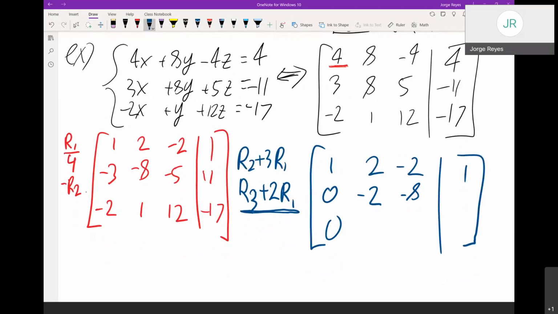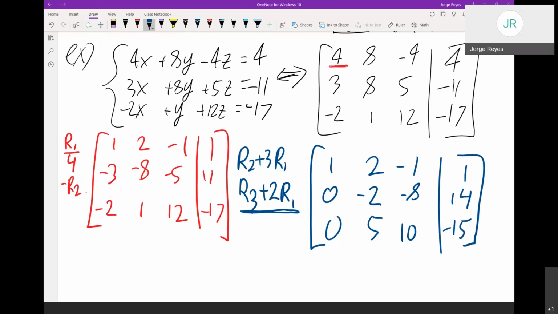Wait, what? This should be a 1. Excuse me. Thought something looked weird. All right, everything's fine though. So 14. And then down here, I'm doing a 2 instead. So this is going to be a 5 and a 10 and -15.